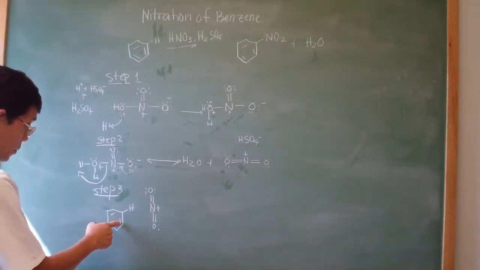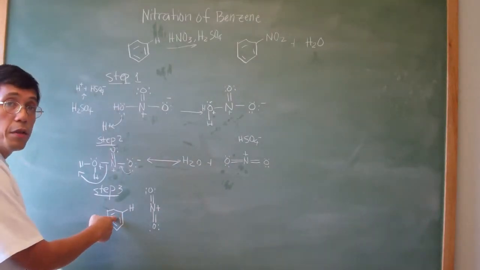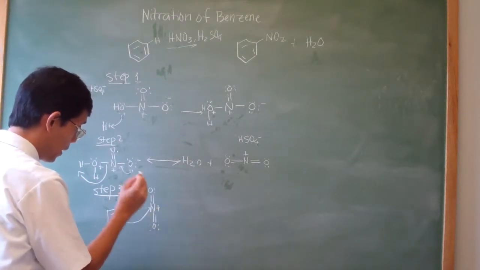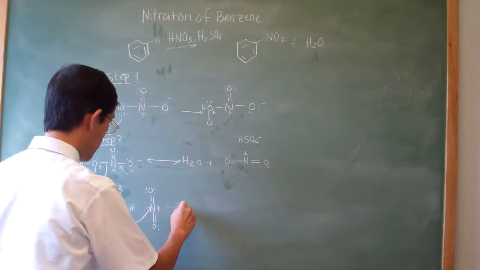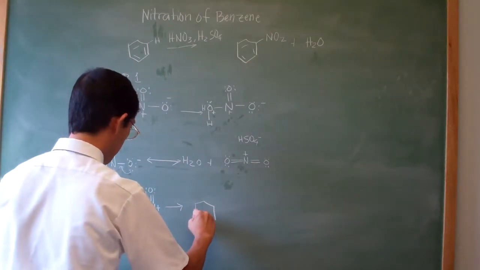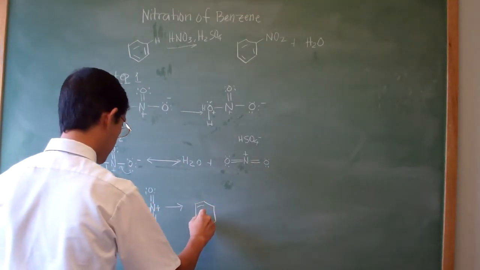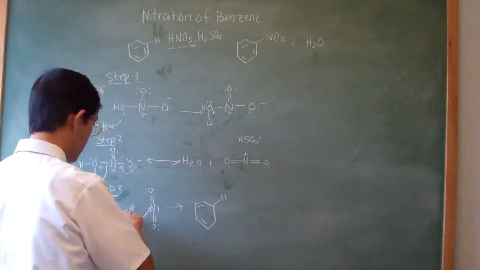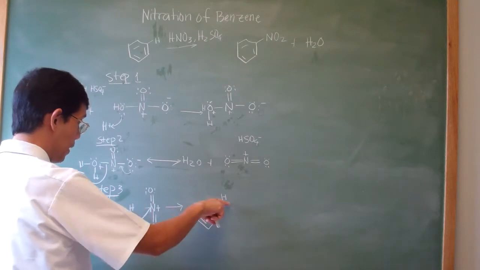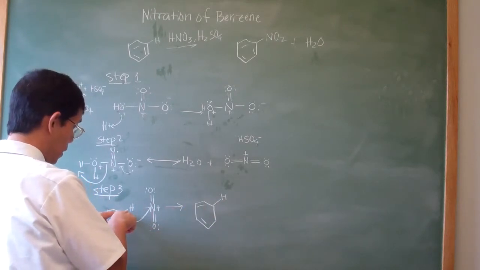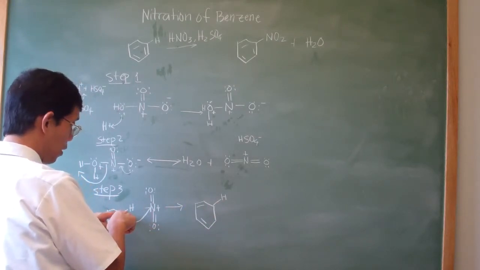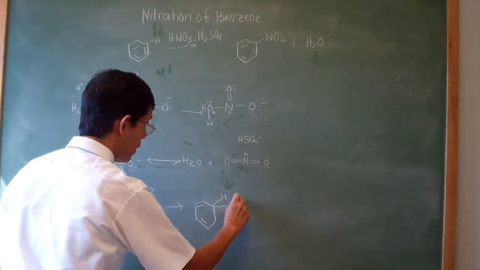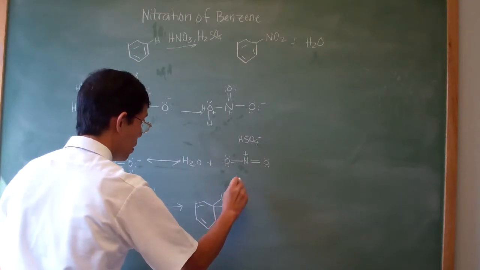So what happens is that the benzene loses its aromaticity, it grabs that nitronium, and you get this intermediate. You still have that H there, and in addition to that H, there will be another covalent bond at that carbon, this time bonded to that nitronium.